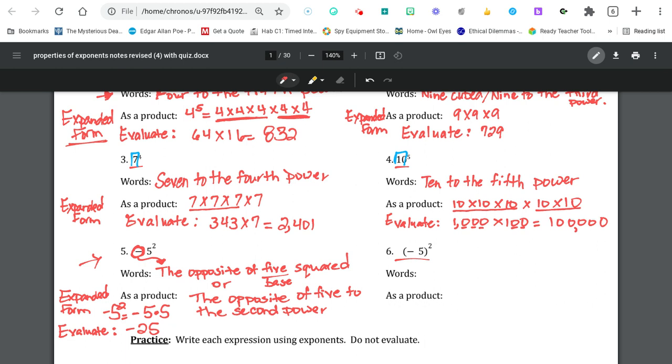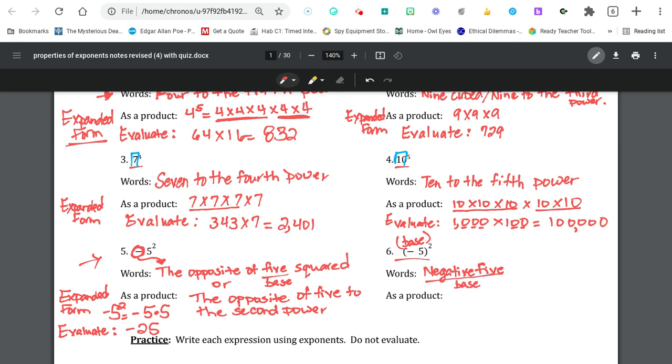Now watch number 6, because it's a tad bit different. Number 6, I can say my base is negative 5 because it's in parentheses. So I'm going to put negative 5. That's my actual base.